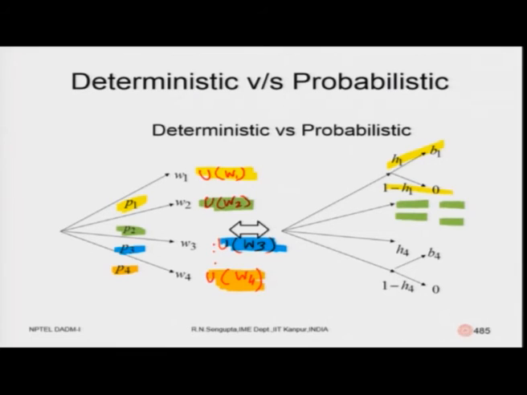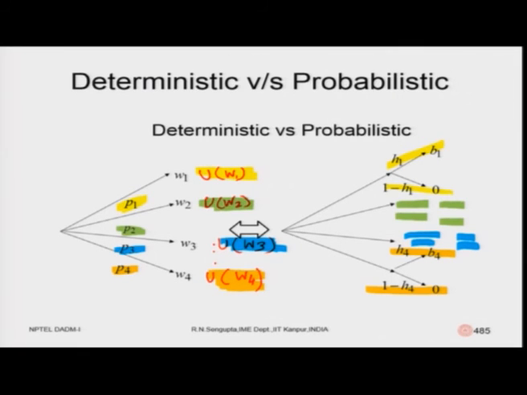Similarly, for the third case, it will be u 3 into p 3, which will be equal to the equivalent probability. And finally, if we find out the expected value of h 4 into b 4 plus 1 minus h 4 into 0, the value comes out to be the equivalent with respect to the utility u w 4.